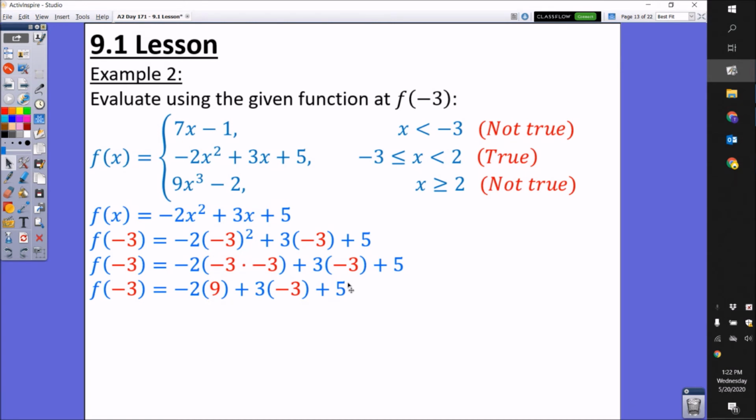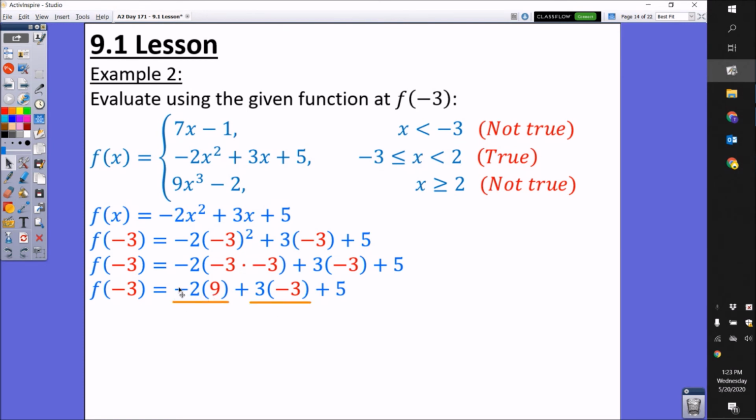So now we're going to move on to the next part, which is multiply or divide from left to right. So I'm going to start on the left side of the equation. So we have -2 times 9. So we have to worry about that too. And then we also have a 3 times -3. So those are the only two we have to worry about for the multiply or divide.